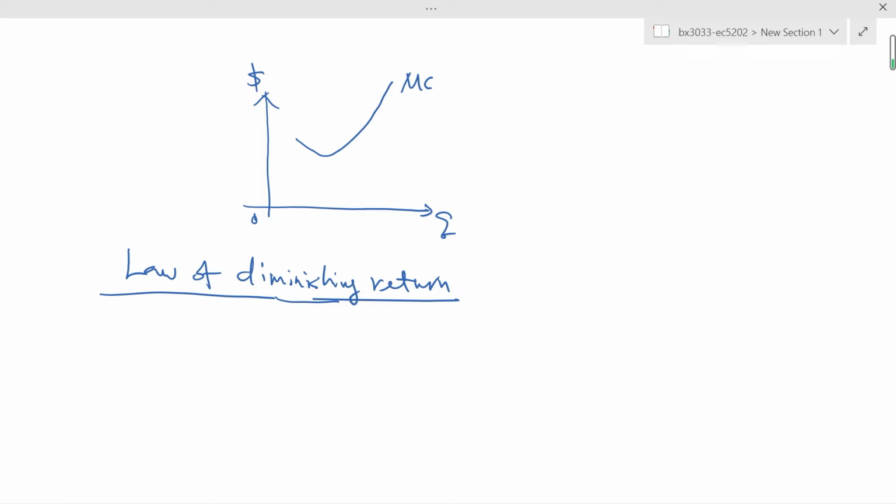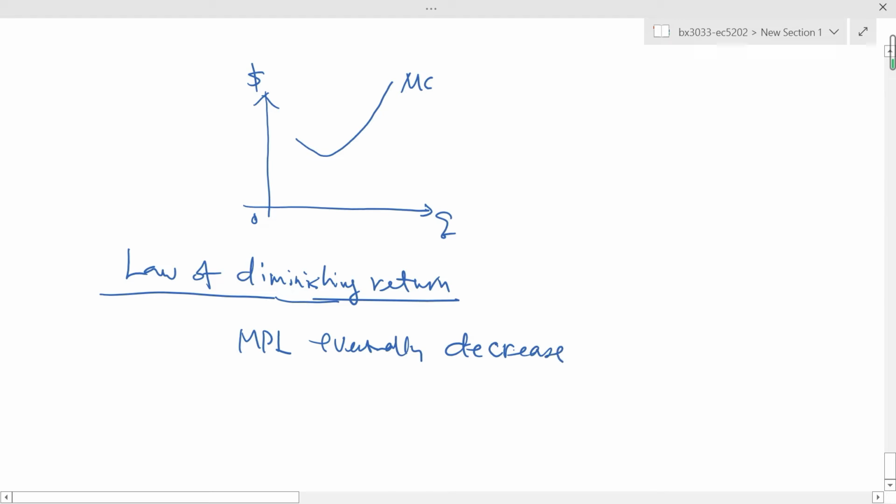Okay, and we call this the law of diminishing returns, or the marginal product of the worker will eventually decrease. And this is due to one important factor: I only have one coffee machine in my shop. So some inputs are fixed in the short run.